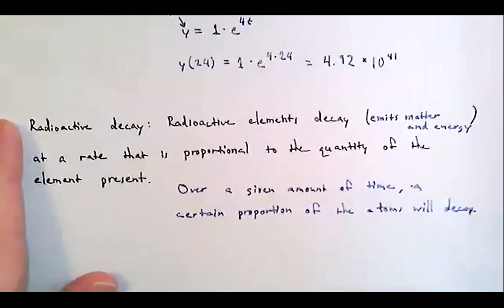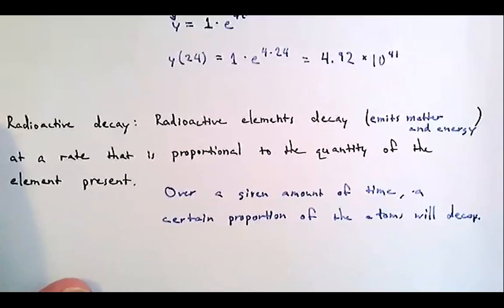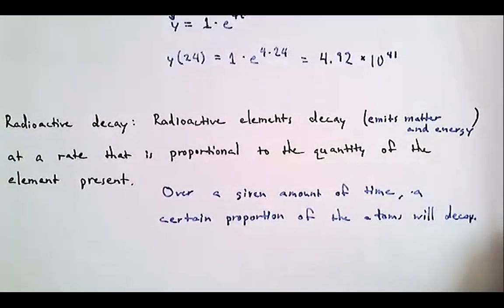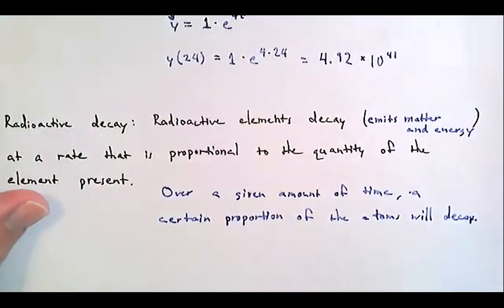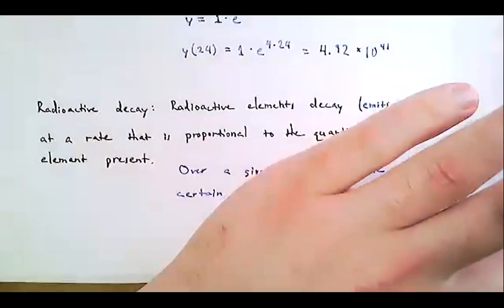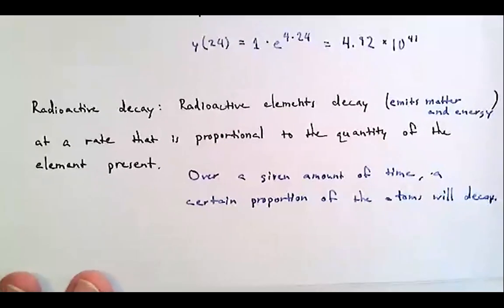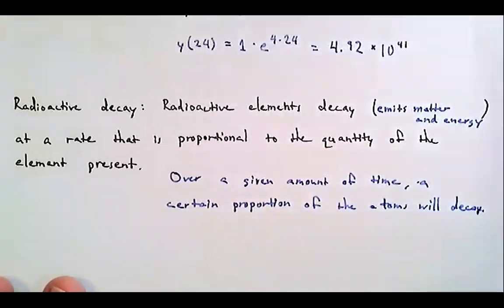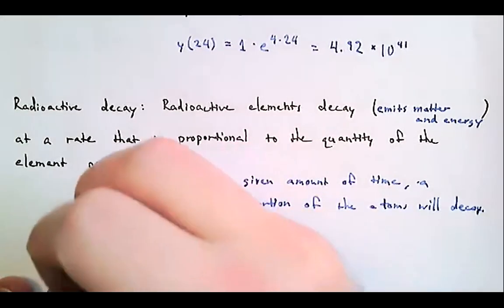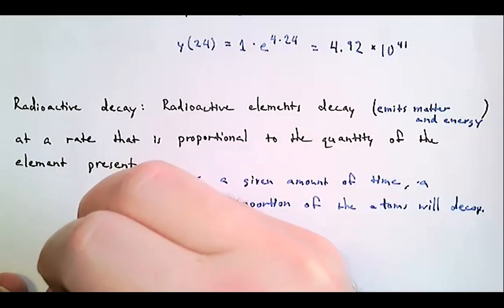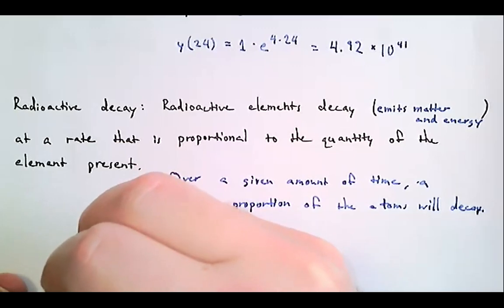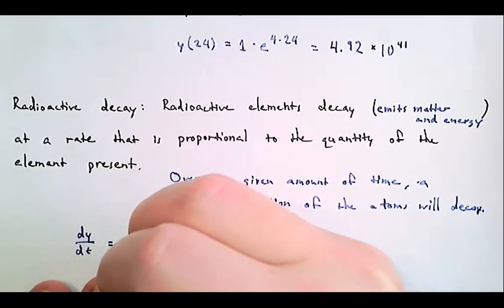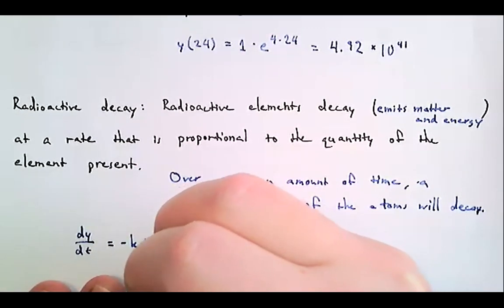So the way that we are going to write radioactive decay is ever so slightly different than what we've been doing. And that's because what I want to do is consider this as my original formula.